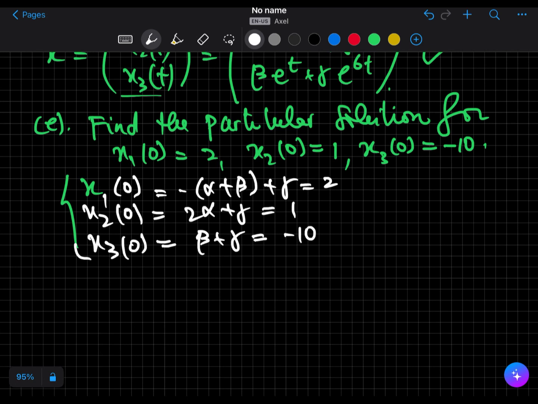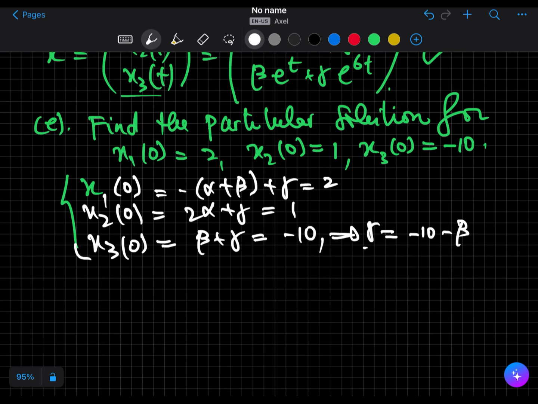Now I can directly use this system of equations. If we do the normal manipulation, from the last equation I will have that gamma equals minus 10 minus beta.